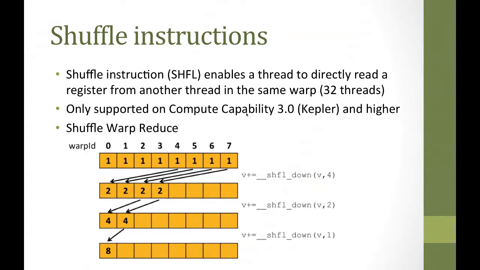If the offset is 4, the shuffle down function will return the value at a distance of 4. After that, we sum them together. Then we use another shuffle instruction to get the value at a distance of 2, and after that, a distance of 1. Then we put this into a loop, and we can get the final result.